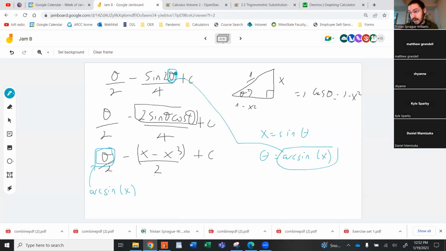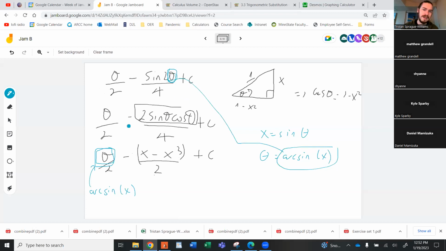But this is where it gets a little bit subjective. It's generally agreed upon that an algebraic expression is preferable to a composition of trig and inverse trig functions. So that second term, where you have sine of 2 times arc sine, you might as well simplify that with algebra. And that's what we're doing here.